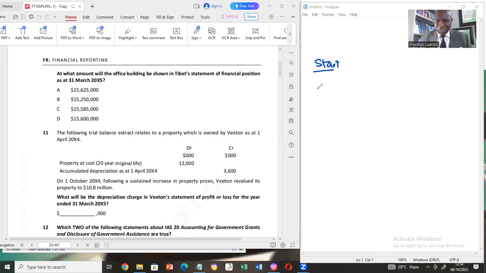Then at the end of the year: if property is revalued at the end of the year, such as buildings, which are depreciable and not land, depreciation is based on the cost of the old asset, using the original number of years.